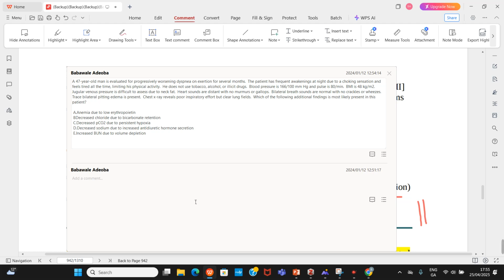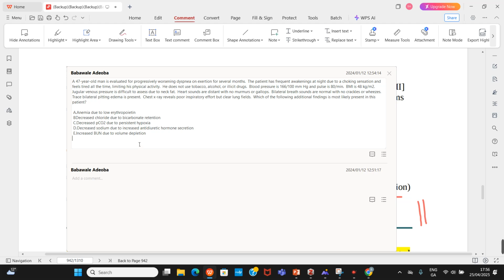And the decreased chloride due to bicarbonate. Why? Because it's not breathing out the CO2 well, and CO2 is accumulating, and the body is trying to compensate for the respiratory acidosis. Yeah. Nice. Very good analysis. So the person is not breathing out PCO2.